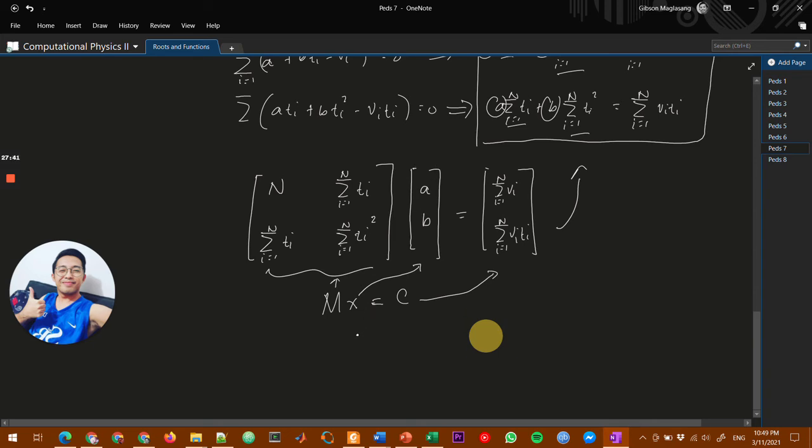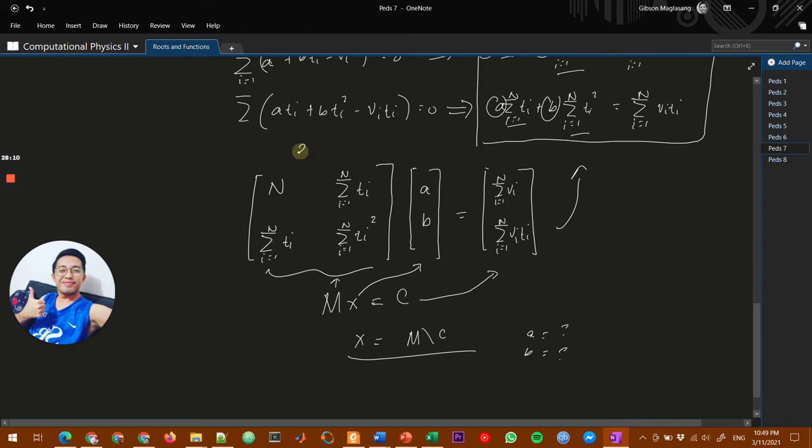So to do that, X should be like M inverse C. Or in the MATLAB environment, it's just M backslash C. Okay? So if you have this in MATLAB, you can determine X, what a is and what b is.